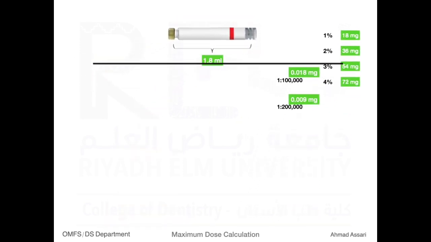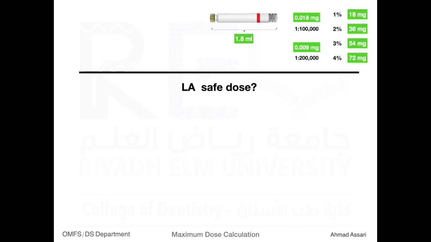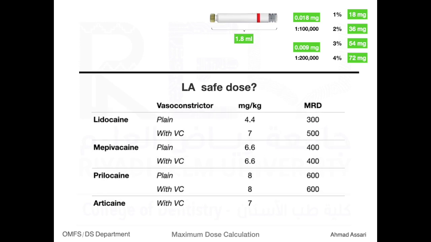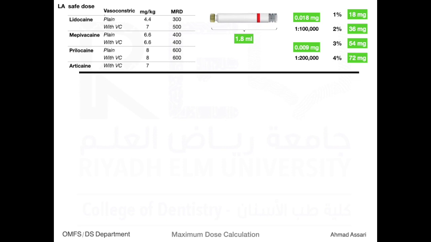To calculate the safe dose for each patient, we need to remember the safe dose of each local anesthetic solution per kilogram, and the maximum recommended dose as well. We need to also remember that we are injecting another drug along with local anesthesia as a vasoconstrictor, which is usually epinephrine.